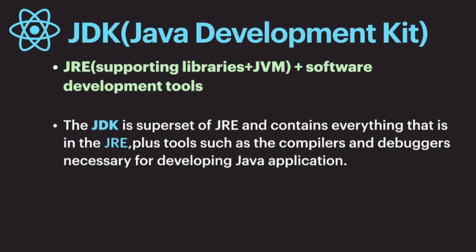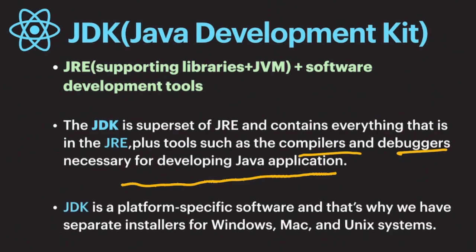JDK is a superset of JRE and contains everything that is in JRE plus tools such as compilers and debuggers necessary for development of Java applications. So all the tools required for development of Java programs are included in JDK. JDK is platform-specific software.